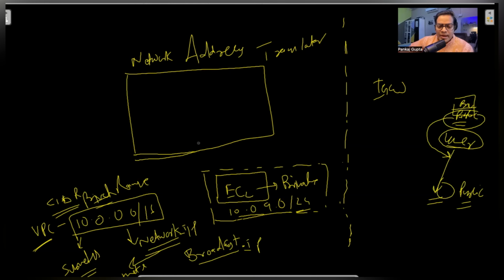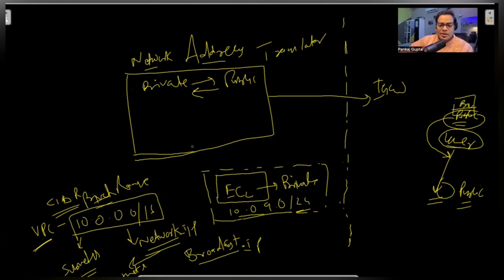Okay, so let's jump back here. For that reason, network address translation comes into the picture. It helps to translate your private IP to a public IP so that you can connect to the internet gateway.